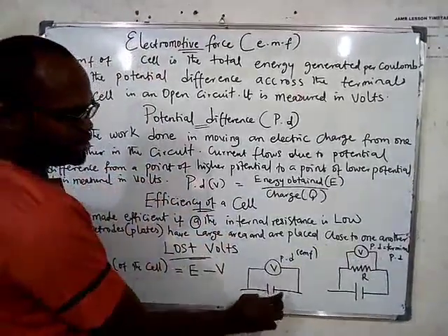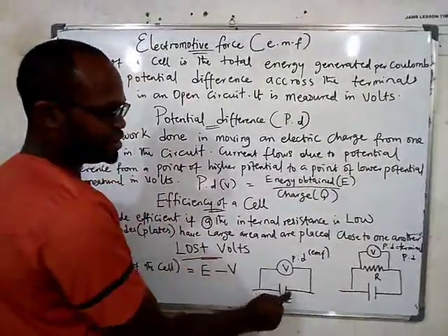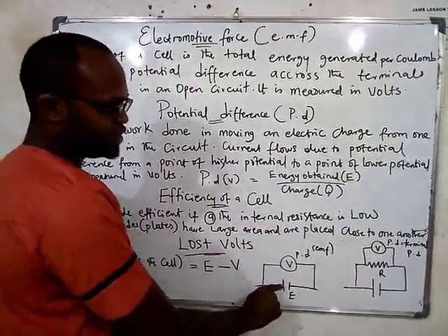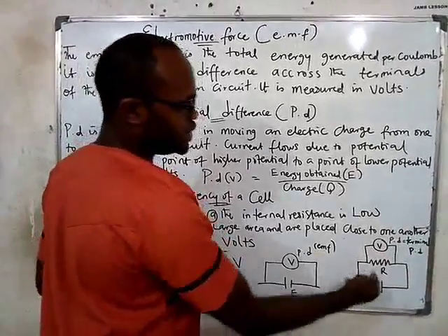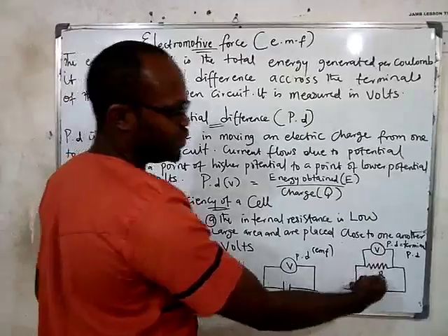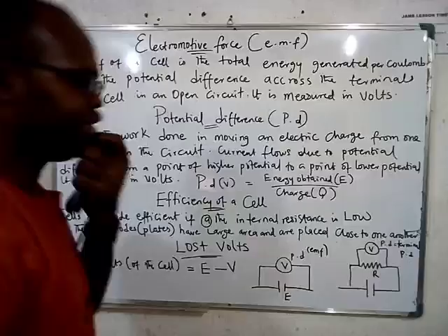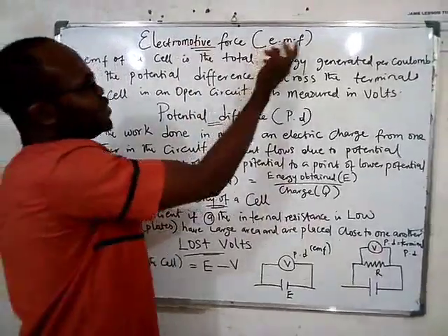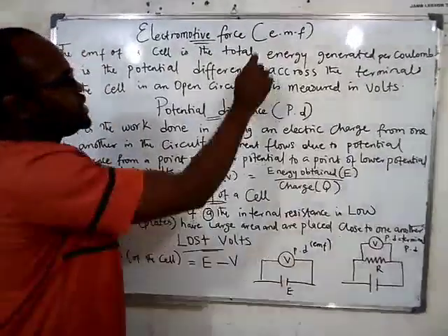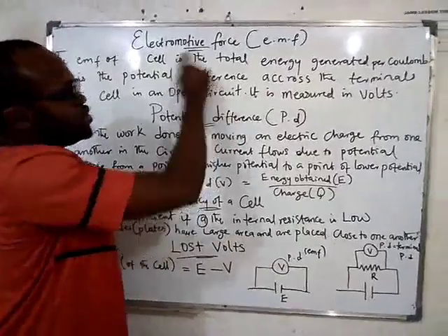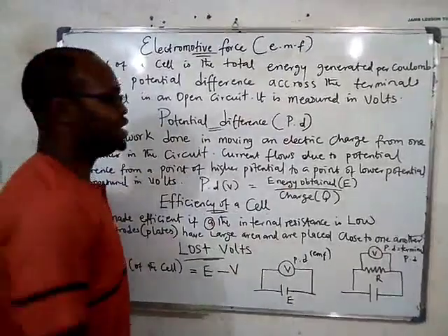But for this one, this is another circuit. There is no resistor. It's just the cell itself. So for charges to move, there has to be a force, and that force is known as EMF. But if the circuit is connected with a resistor and other electrical components, the force is known as potential difference or terminal PD. So you can say that the electromotive force and potential difference are very similar, just that EMF is for an open circuit, that is a circuit that is not connected to any other electrical component.